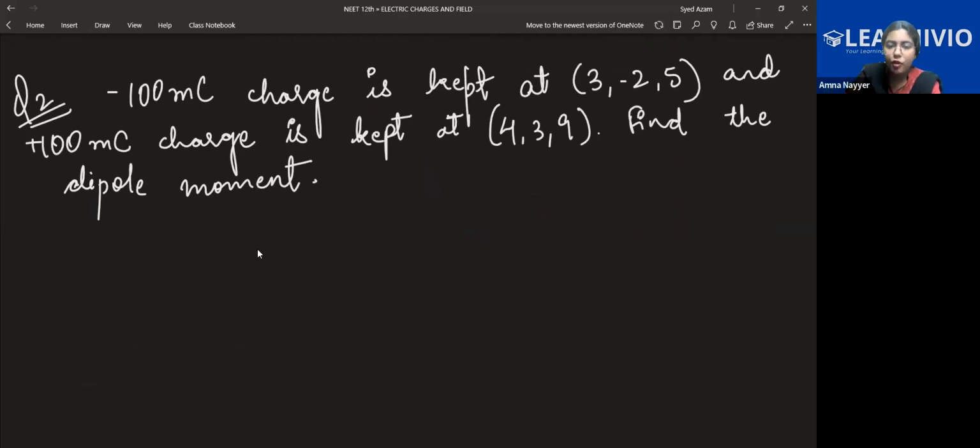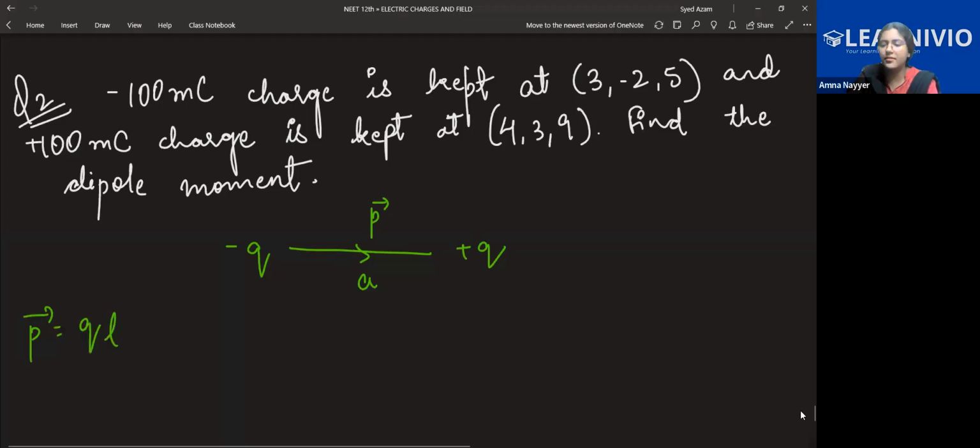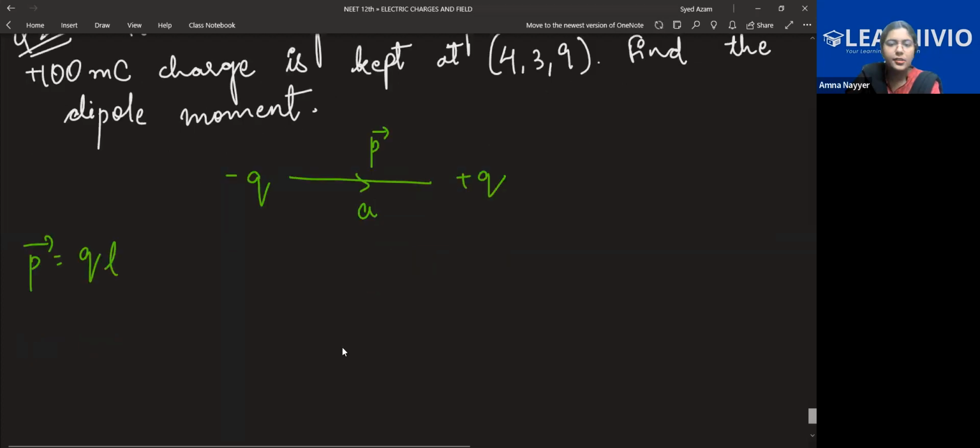See, for us, a dipole is this only, minus q to plus q separated by distance a, and this will be the direction of the dipole, from the negative to the positive charge. Now, when we are talking about the dipole moment, we know the formula is q into L, q into the separation, or 2a that we write. So the charge is given as 100 millicoulomb, right? It is 100 into 10 to the power minus 3 coulomb.